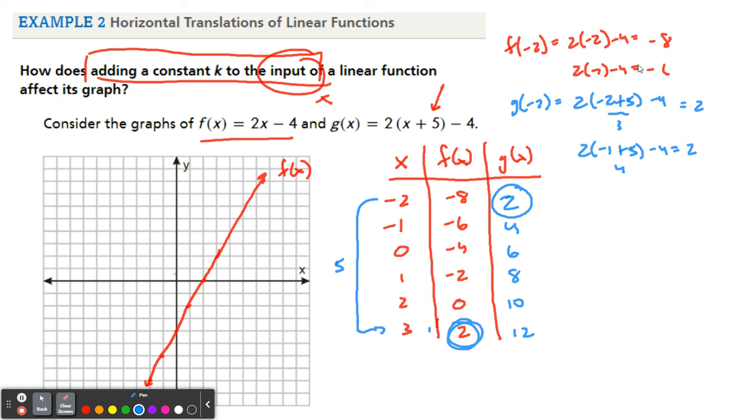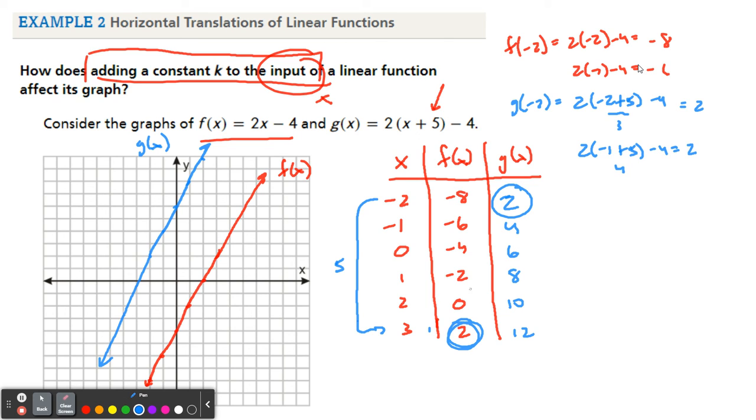And I'll graph these: -2, 2; -1, 4; 0, 6; 1, 8; and 2, 10. I can't get to 3, 12 because I go too high. And there's this graph, and this is our g of x.